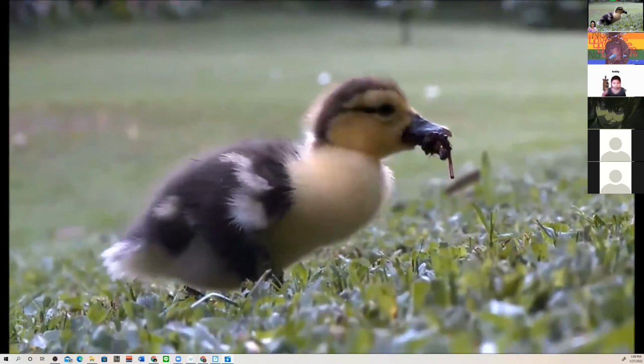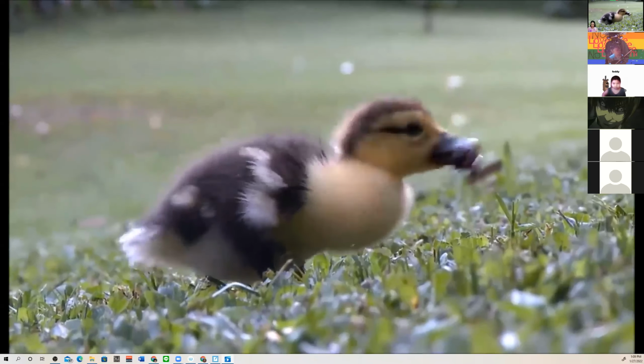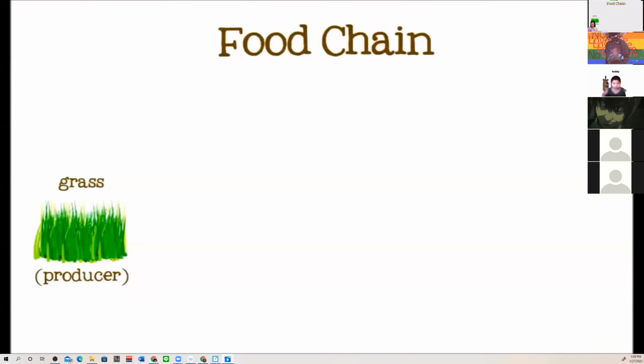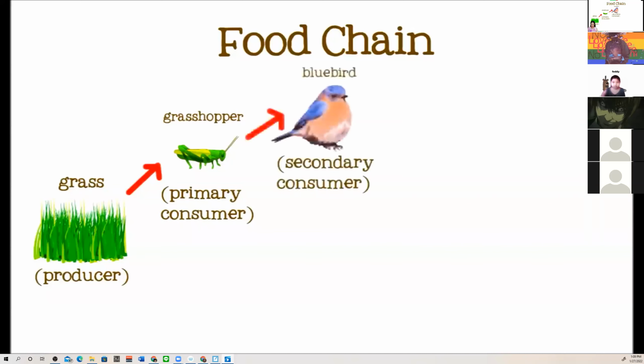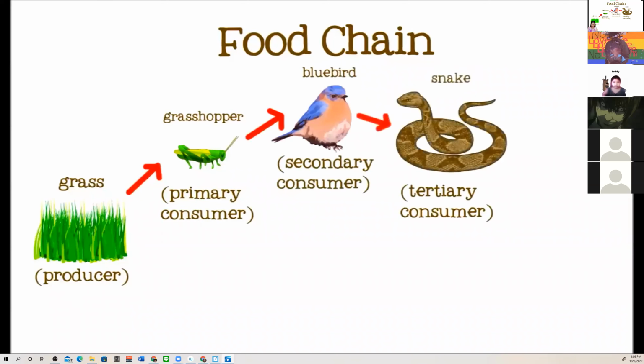Let's take a look at a longer food chain that also begins with grass. This time, let's make our primary consumer a grasshopper. The grasshopper eats the grass and then gets eaten by a secondary consumer, a bluebird. Then the bluebird gets eaten by a tertiary or third level consumer, a snake.